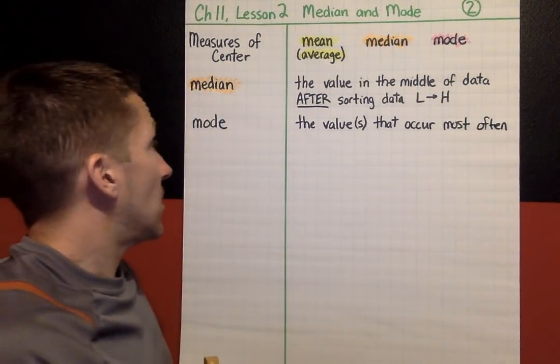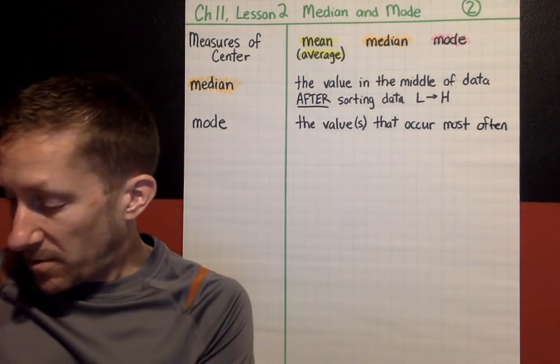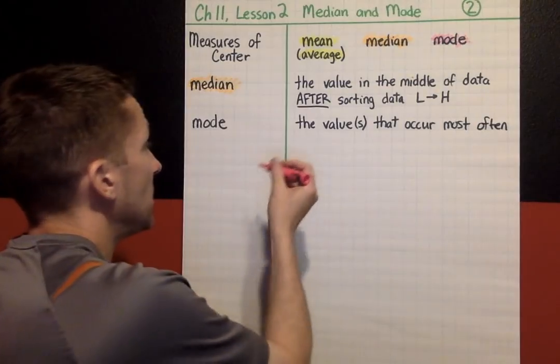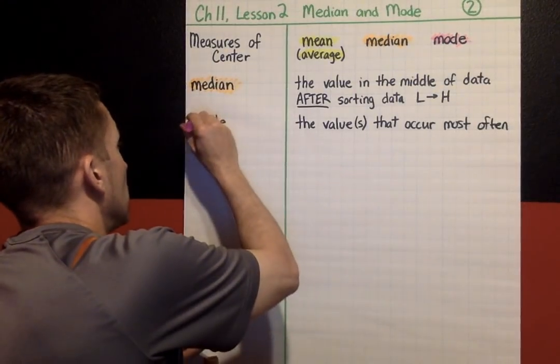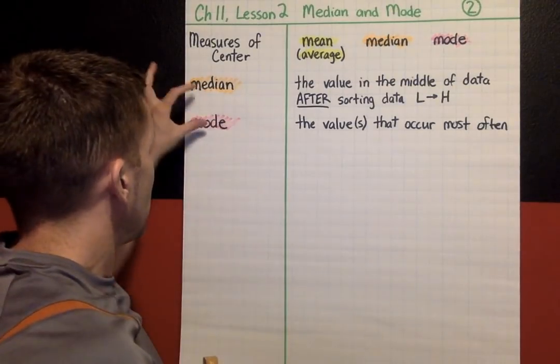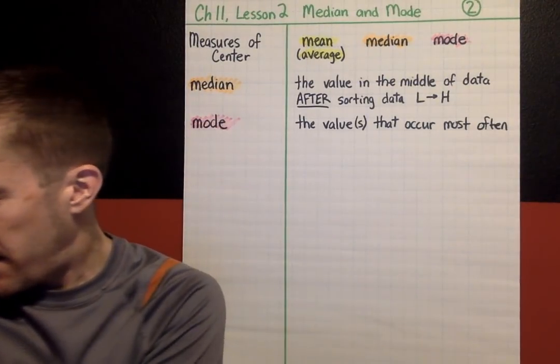And that is also the mode. It's also very helpful to have your data in order, because then it's easier to see what values happen most often. So those are the two new things we're going to do today, the median and the mode.